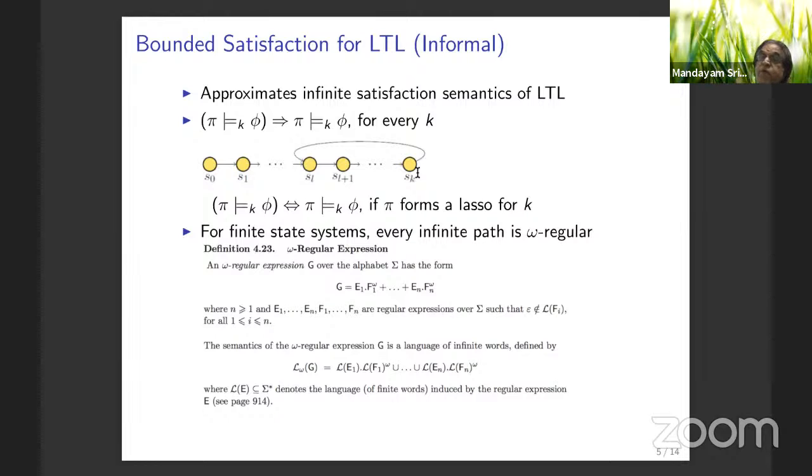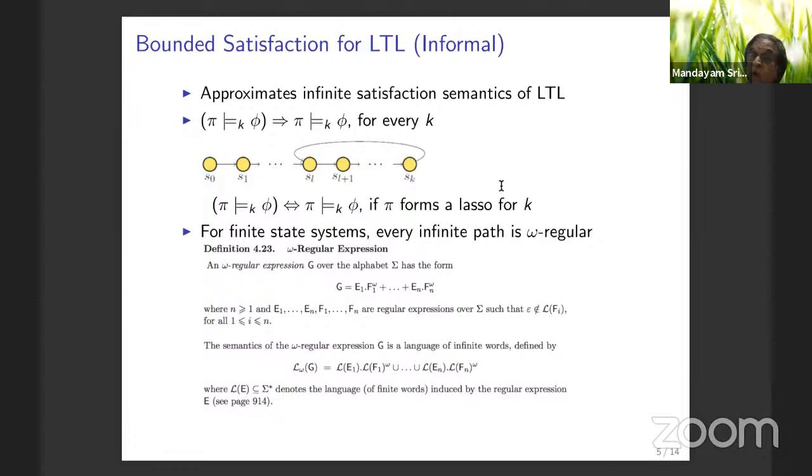But the completeness follows from the fact that for a finite state system, every infinite path has to take this structure. There we will see that there always exists a K that is large enough, after which you would have considered all such lassoing paths.